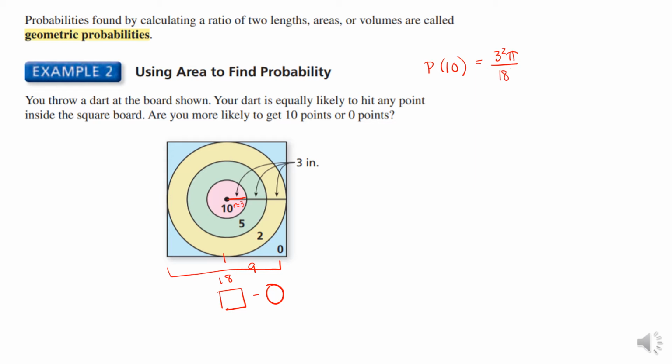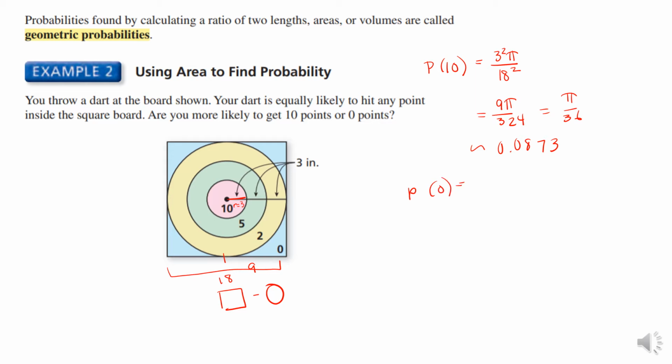Okay, so 18 squared. So now we're going to get 9 pi over 324, which simplifies to pi over 36, or approximately 0.0873.